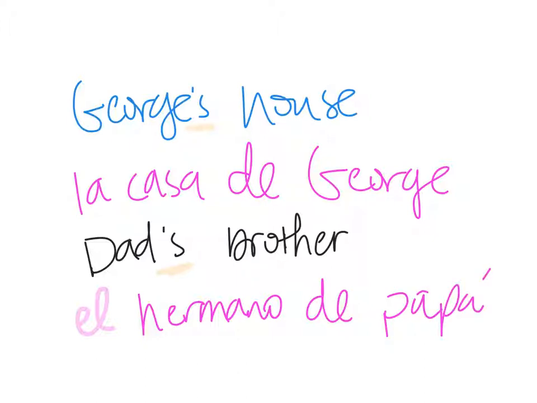Okay, oh, by the way, papá is basically a slang. It's like saying dad instead of father. So this de, here and here, it's like saying of, the house of George or the brother of dad. So that is one way that you can use possession.